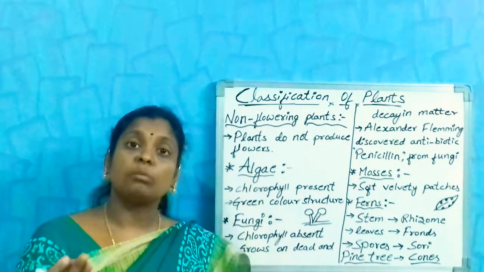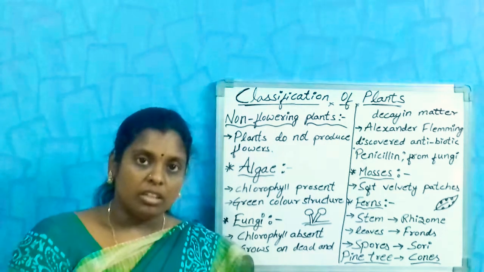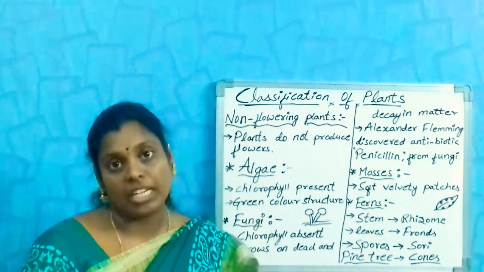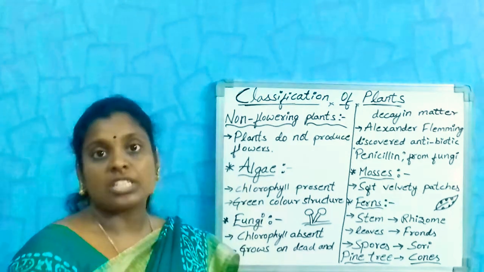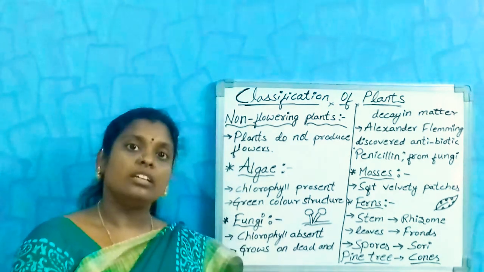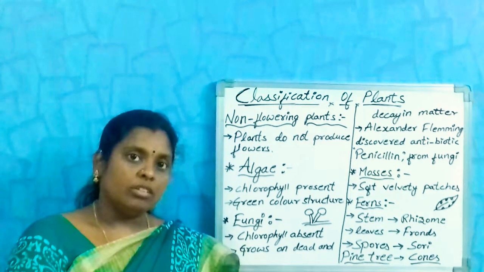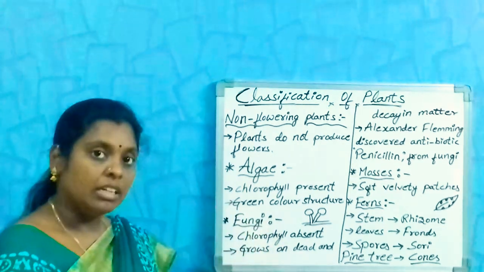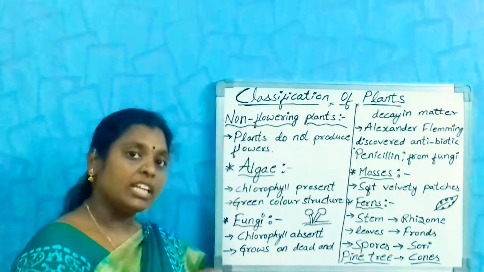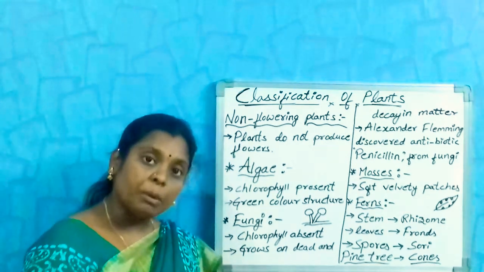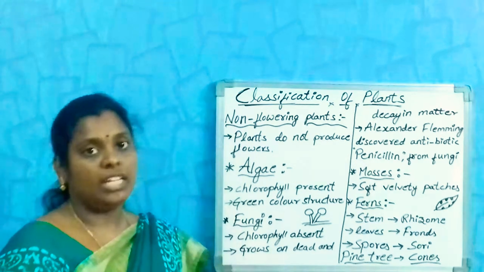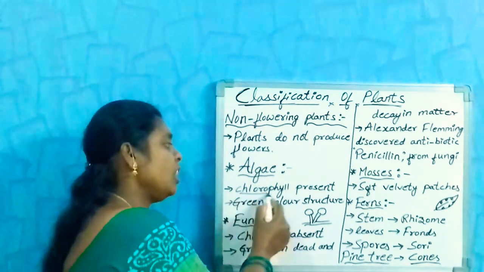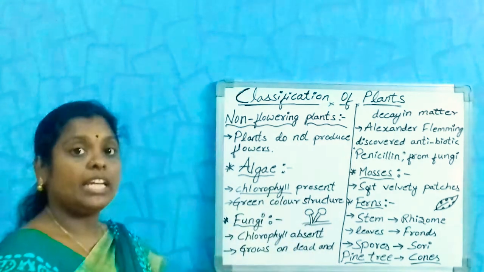Those structures are nothing but algae. If you observe under the microscope or with a magnifying lens, you can see the structure of the algae. These algae contain chlorophyll, and that is why they appear green in color.